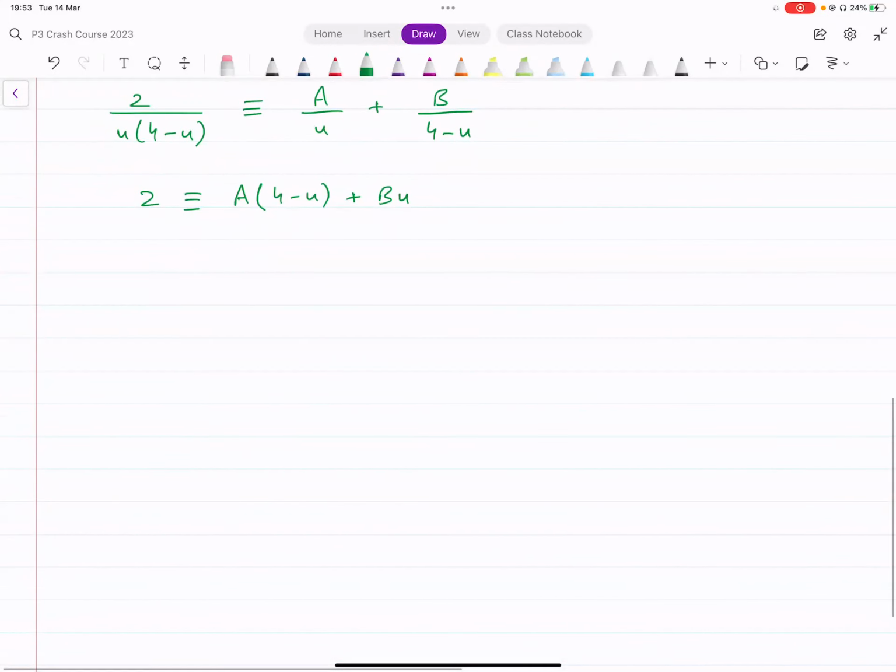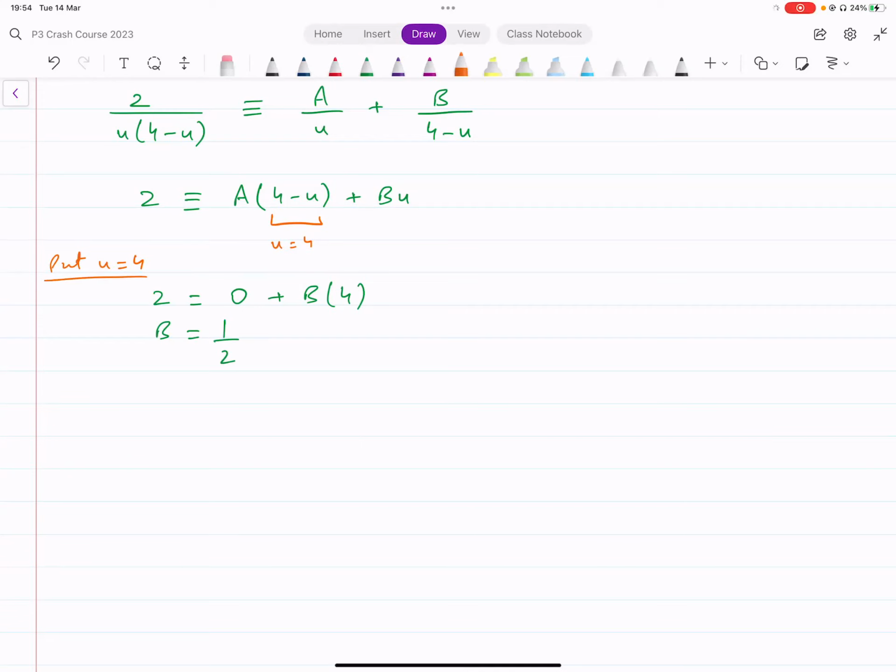Let's start with that. If you input u equals 4, that gives you 2 equal to 0, because the first term is going to become 0, plus b times 4. And that gives you the value of b, which is going to be 1 over 2.